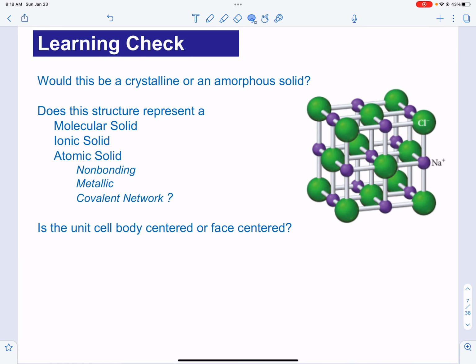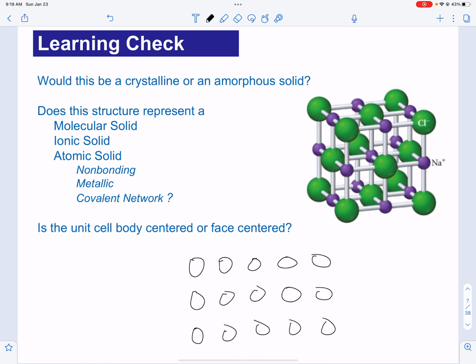So let's do something else. So once more, now we're looking at this. So what is that? Well, that's the representation of what we call a unit cell. So if I have a solid and I have a bunch of atoms together in there, and if you look at all that combination of atoms, you can say, you know what?